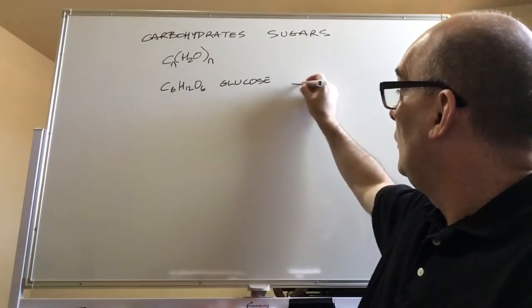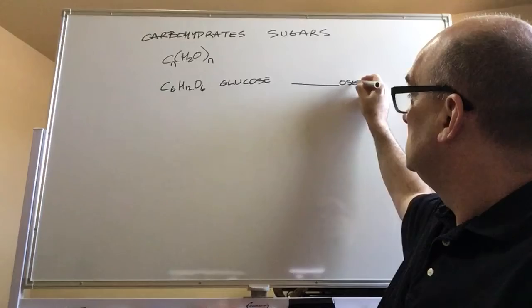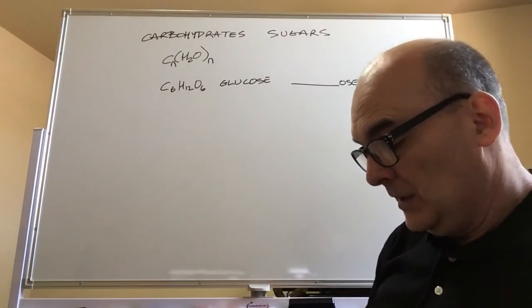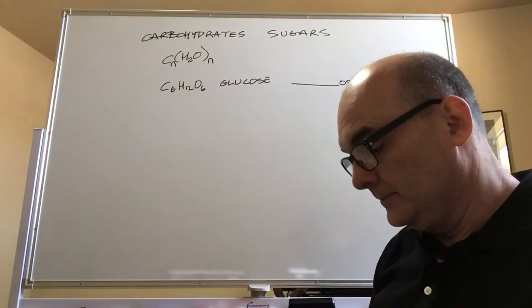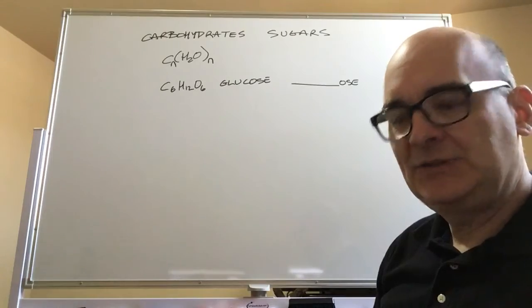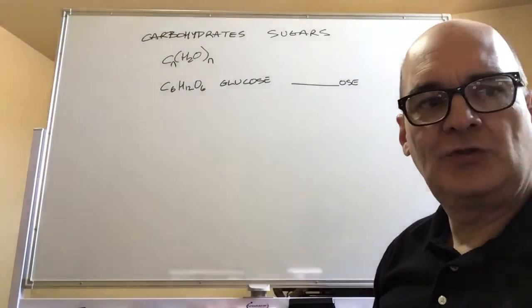Turns out that all sugars end in -ose, O-S-E. So if the molecule you're looking at ends in O-S-E, it is a carbohydrate. It is a sugar.